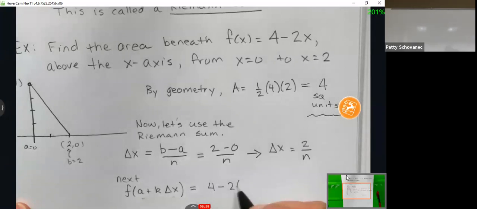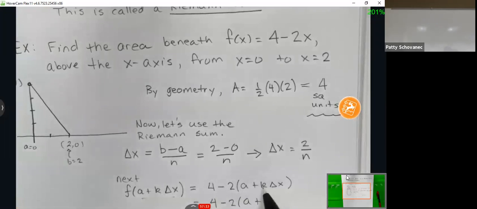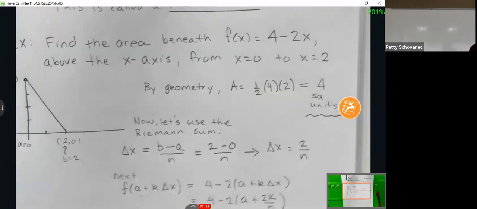This is my x. So there's my height. My delta x was 2 over n. So I can write this as 4 minus 2 times (a plus 2k over n). There's my height.